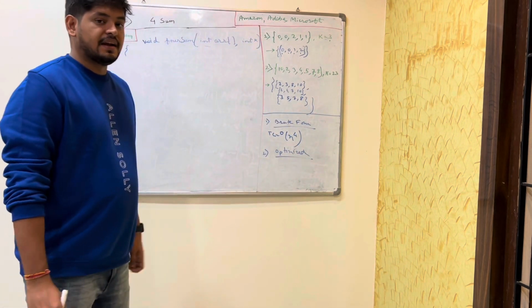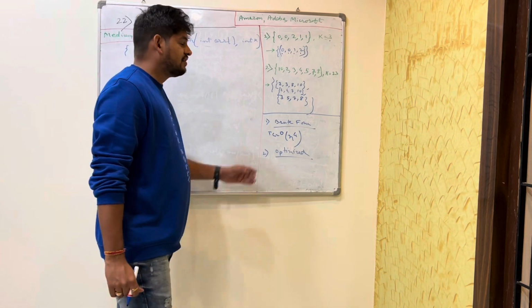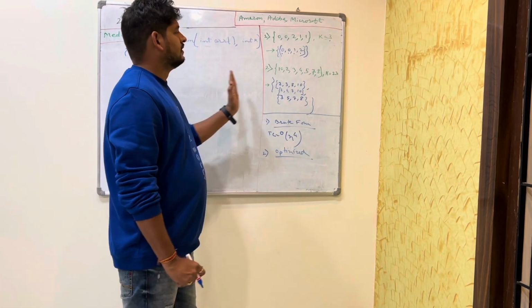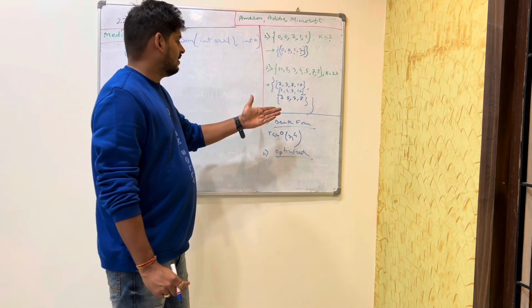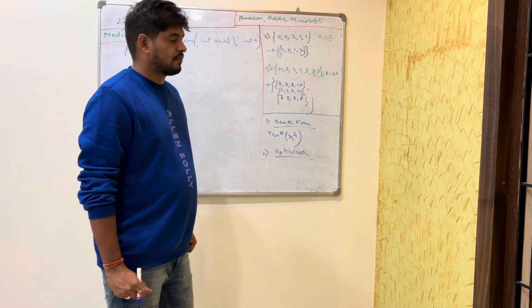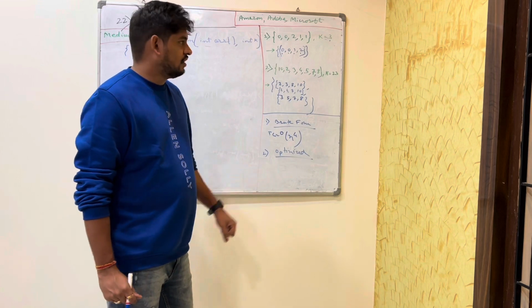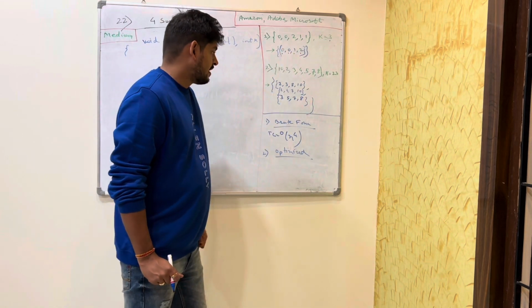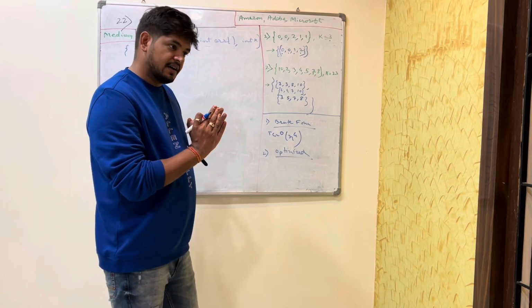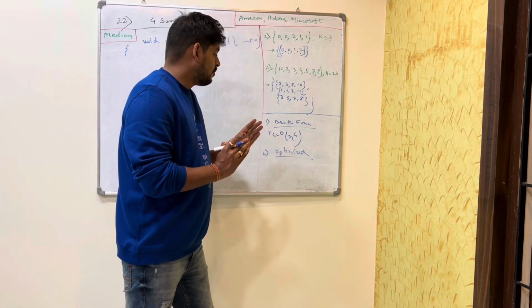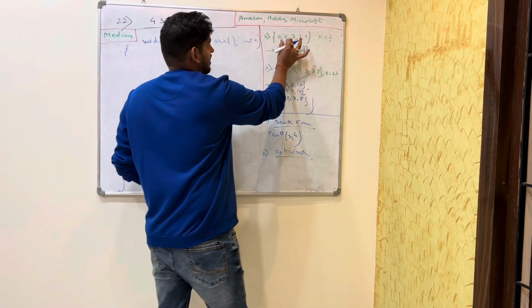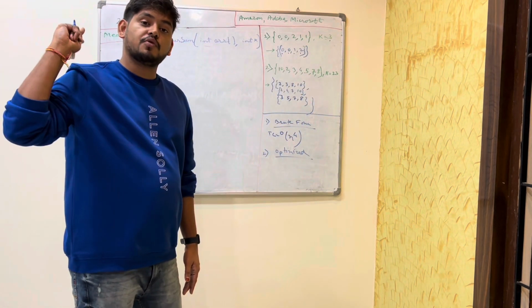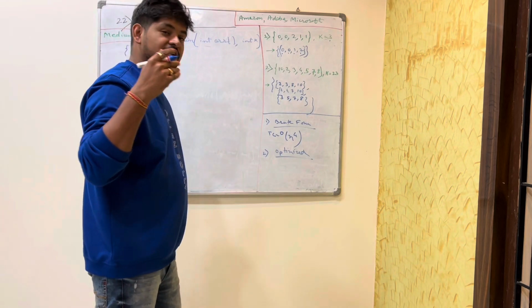How do we make it better? If this was a two-sum problem, we solved it using the two-pointer technique, but we need 4 such elements whose sum should be equal to k. So we can actually reduce one loop: we can fix 2 elements and for the other 2 elements we use our two-sum technique using 2 pointers.